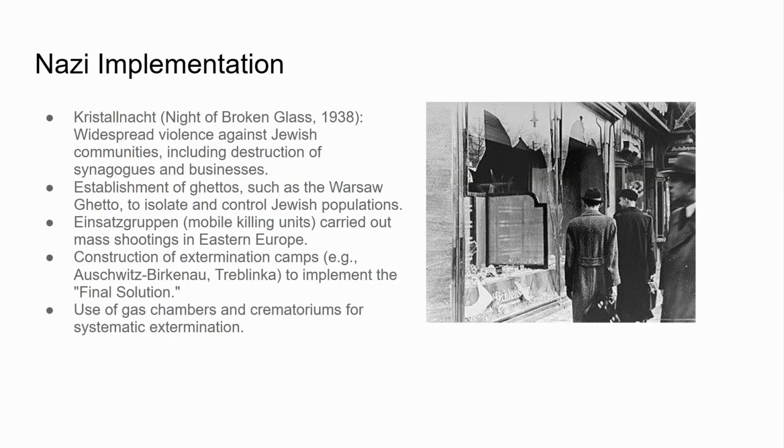Nazi implementation of the Holocaust, starting in Poland and Germany. Kristallnacht, also called Night of Broken Glass, which took place in 1938, was a night where there was widespread violence against Jewish communities, including destruction of synagogues and businesses.